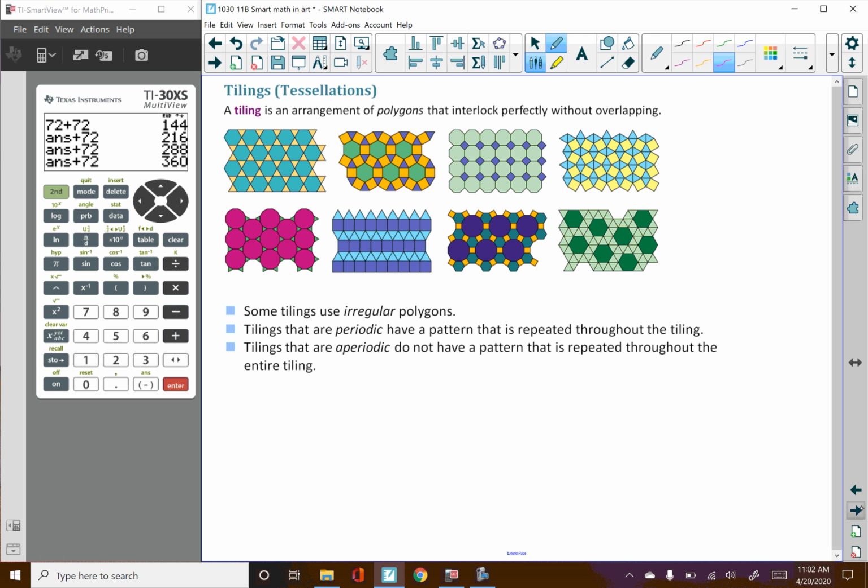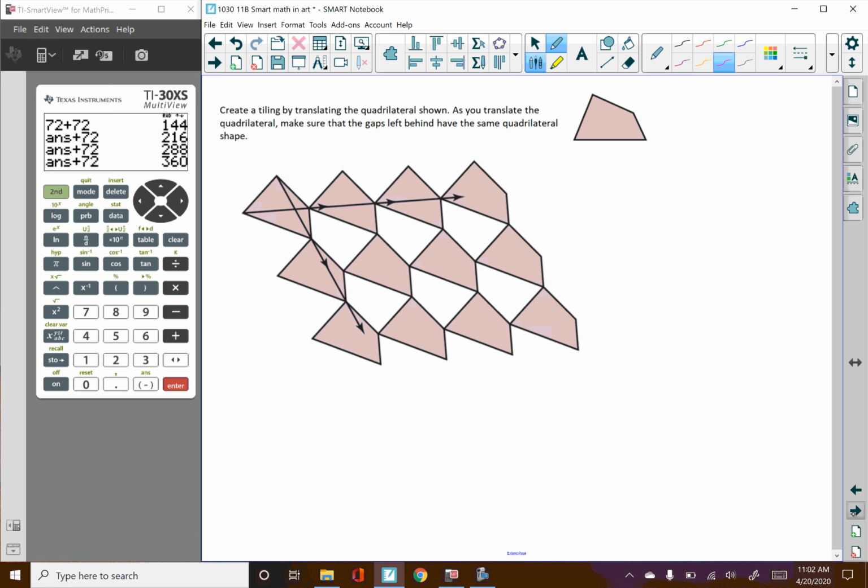There are some tilings that are aperiodic. The ones that you see on the screen are all periodic in some way. So the types of questions that MyMathLab are going to ask you about tilings are, it's just going to show a tiling or have you choose, multiple choice, a tiling from a triangle.